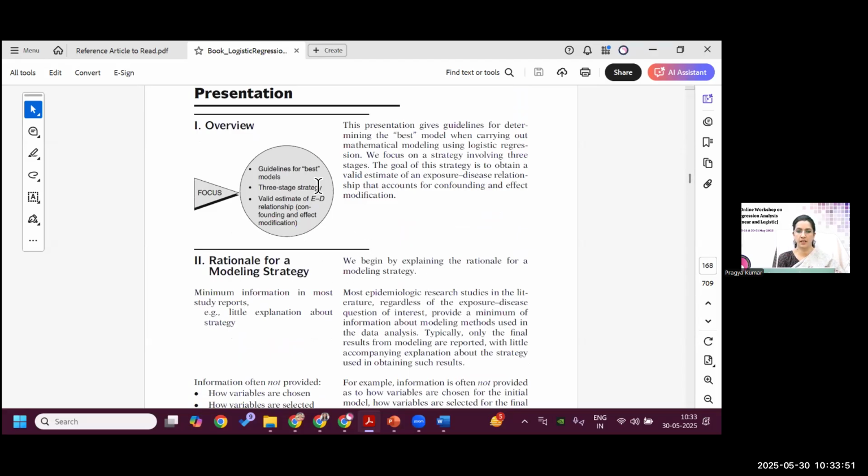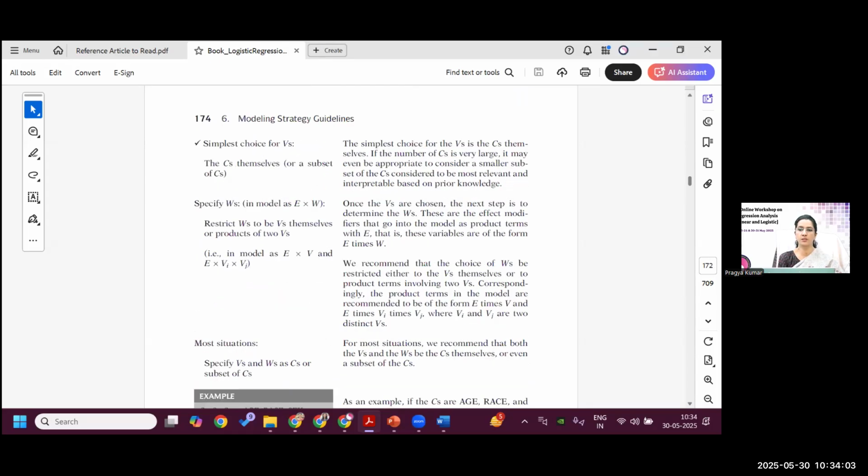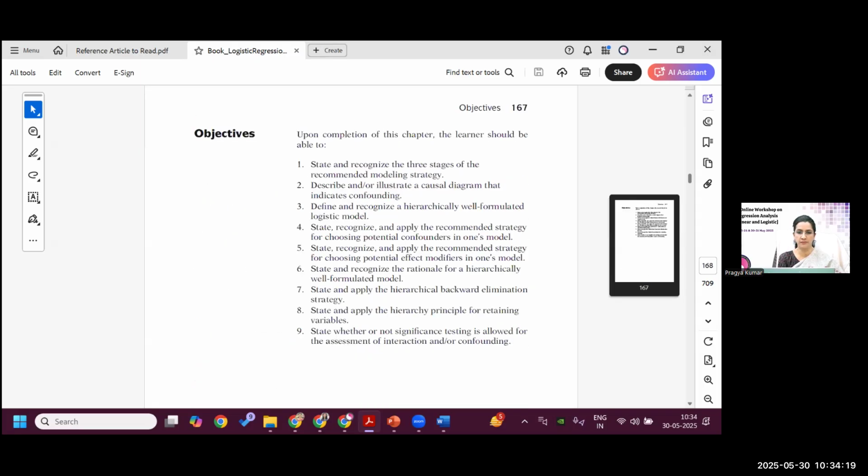They have given the guideline for the best model, the 3 strategies, and valid estimates of effect, like confounding and effect modification. It was beyond the scope of this workshop to include all those concepts, because it's a little advanced, where they have taken many independent variables and tried to see the 1-way, 2-way, and 3-way interactions. But those of you who are interested can go through this.